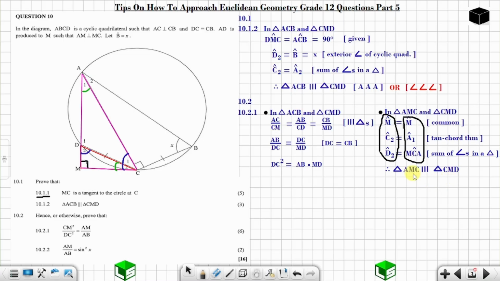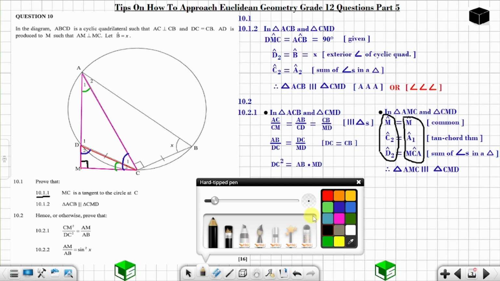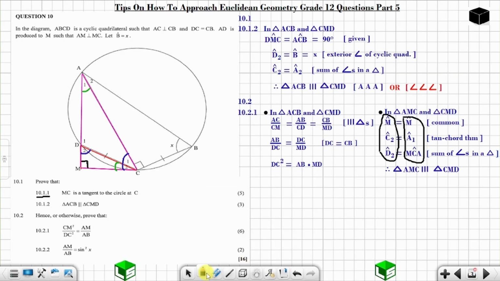Always respect the order so that you can write the proportionality equation correctly. Let me show you. You have to respect the order. So angle at A is equal to angle at C in another triangle.